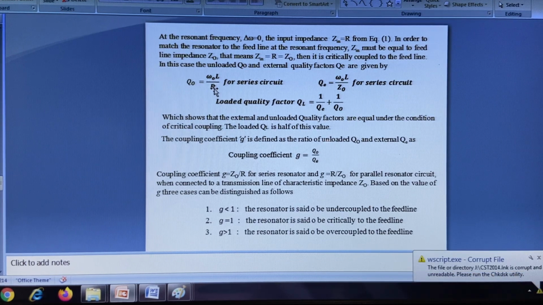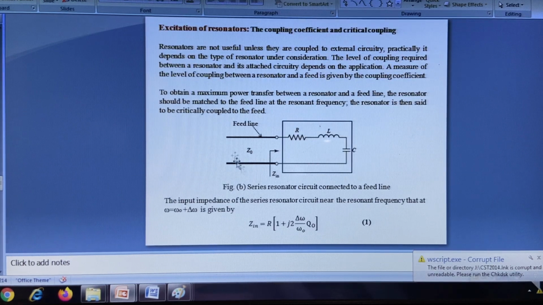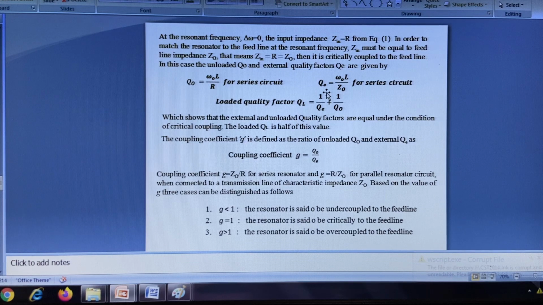So if R, the resonator circuit resistance, is equal to the feed line impedance Z0, Q0 is equal to QE. So for critical coupling of the resonator to the feed line, Q0 must be equal to QE, that is, R must be equal to Z0. Then it is called critically coupled. So as we saw here, under resonant condition, at the resonant frequency, the external quality factor is equal to the unloaded quality factor.